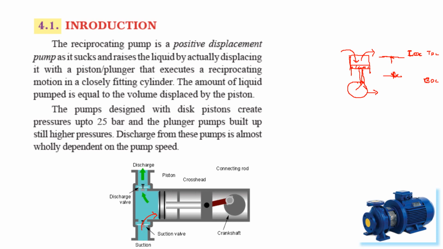When the piston moves forward, water is discharged through the discharge valve into the discharge pipe with increased pressure. So the pump speed is directly proportional to the discharge.